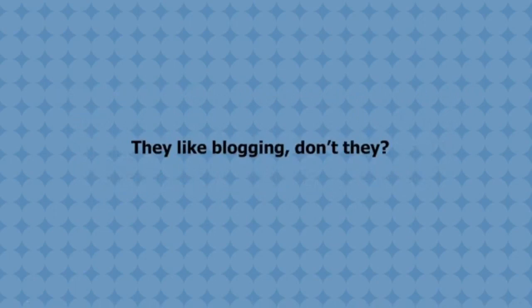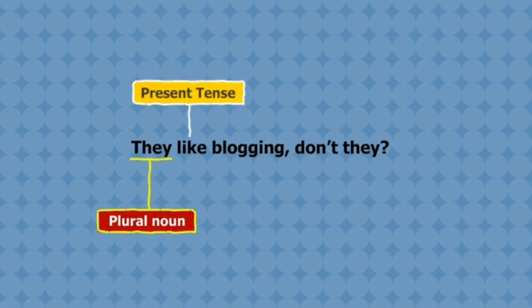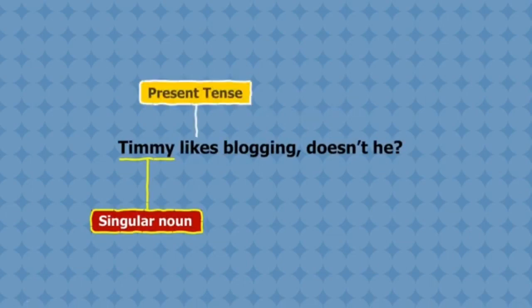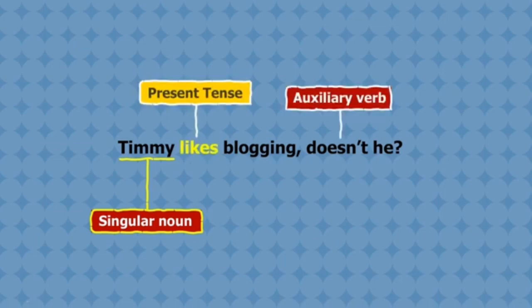Now, in the example, they liked blogging, don't they? In this sentence, the plural pronoun they is used for the verb in the present tense, like, and the auxiliary verb, don't. Okay? Similarly, in the sentence, Timmy likes blogging, doesn't he? The singular noun, Timmy, is followed with the present tense, likes, and the auxiliary verb, doesn't.